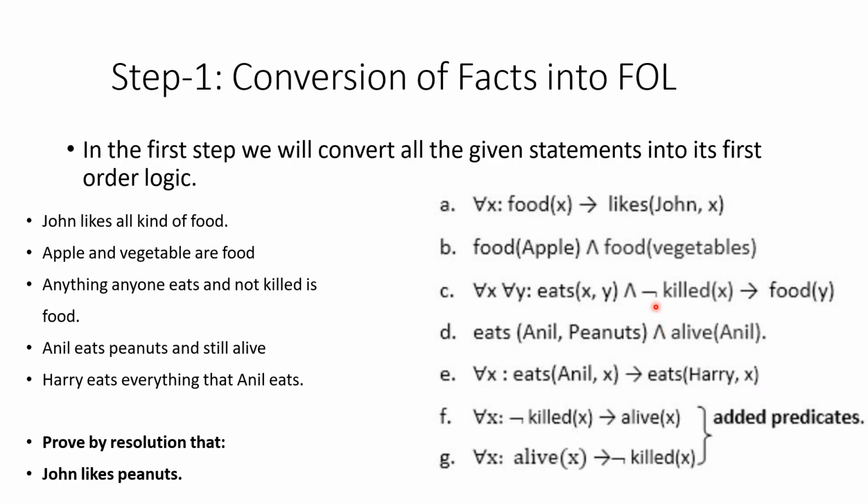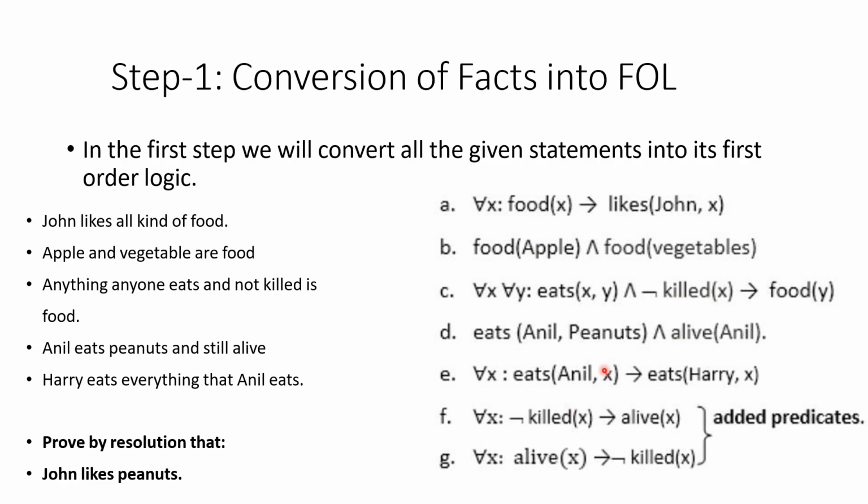And here we have seen that not killed is used and alive is used. Alive means not killed, and killed means not alive. So we are representing it as a fact because here we are using killed and alive.